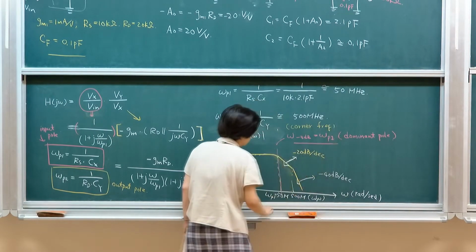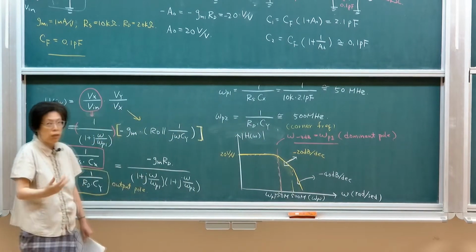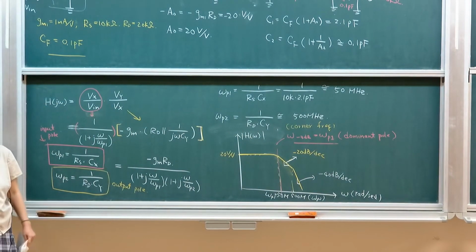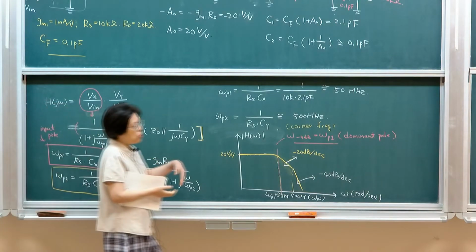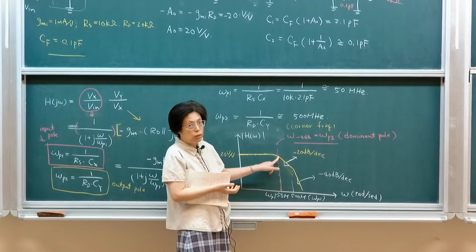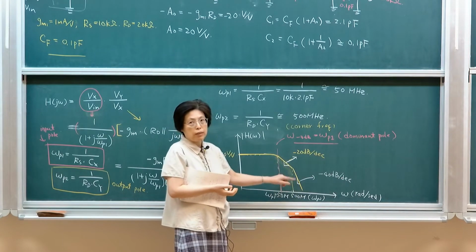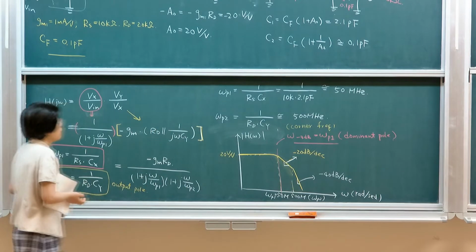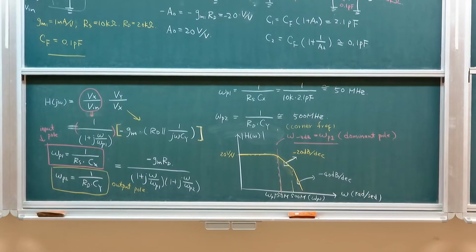Even though there are 2 poles, the second pole doesn't have too much effect other than stability issues when you're not using it in a feedback fashion. If you're doing open circuit analysis, what you really care about is when it starts to drop in terms of decay in gain. So that would typically determine our open circuit bandwidth of a circuit.